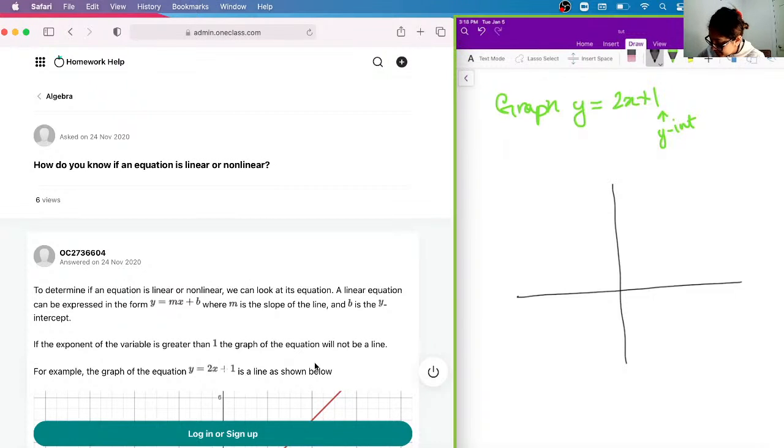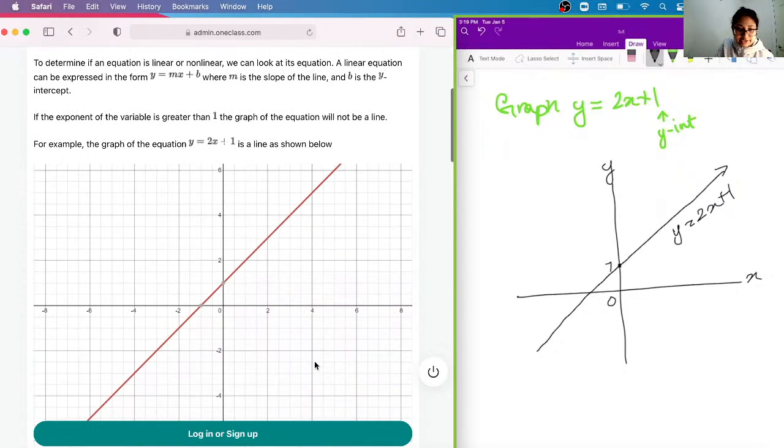Your y-intercept is +1, so it's going to cross this point right here, and since the slope is positive, it will go up from left to right. Okay, so this is y equals 2x plus 1, which we have got over here.